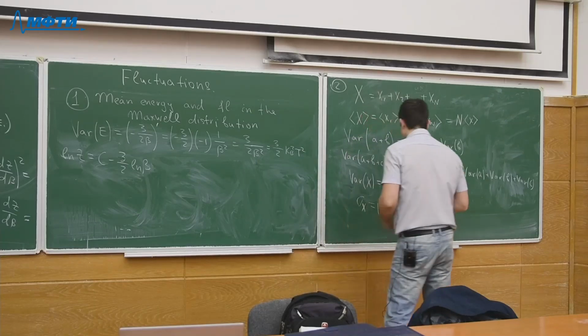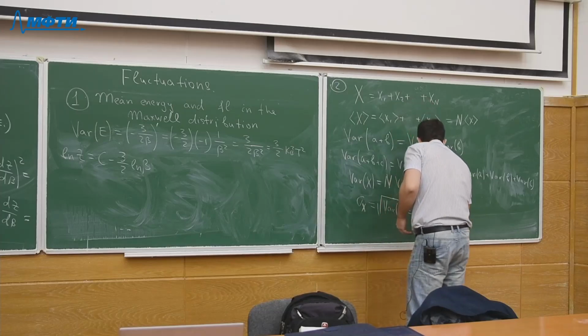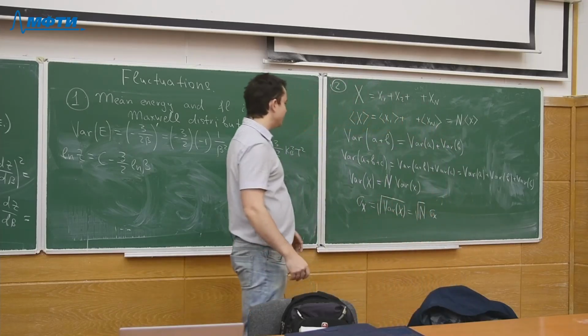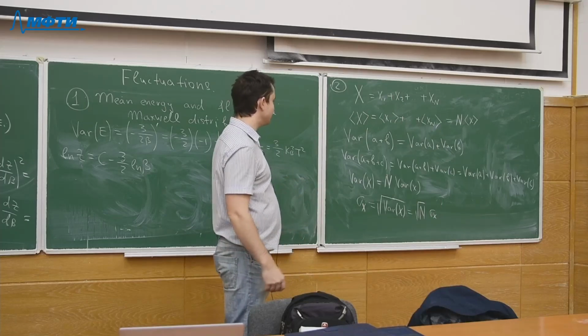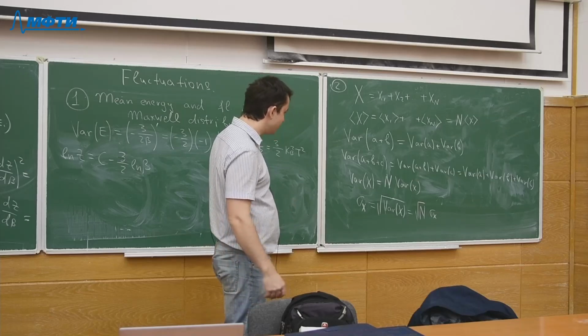So my standard deviation scales with the number of particles as square root of n times sigma of x. So this is the well-known square root of n law for the systems consisting of many particles.